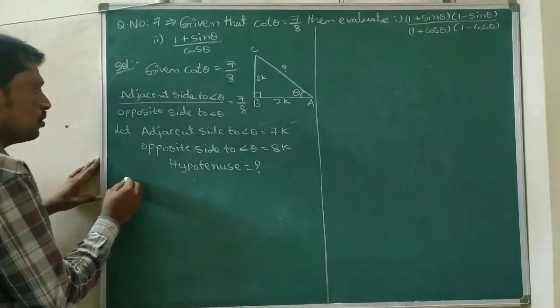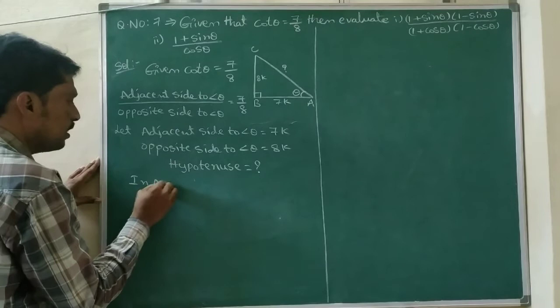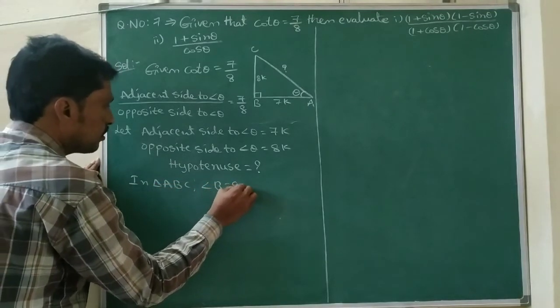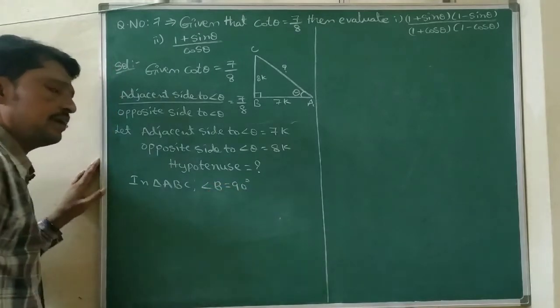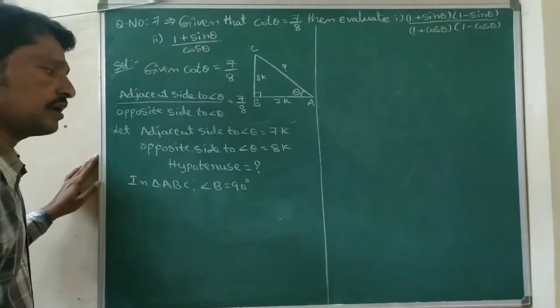Now it is triangle ABC, so angle B equal to 90 degrees. In a triangle, one angle is 90 degrees means it is a right triangle. Right triangle means we need to use the Pythagoras theorem.